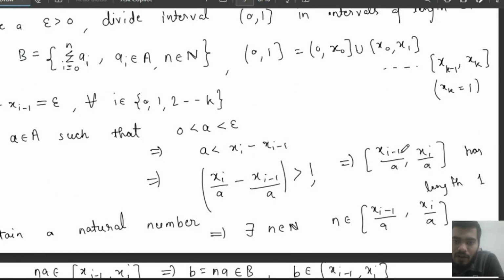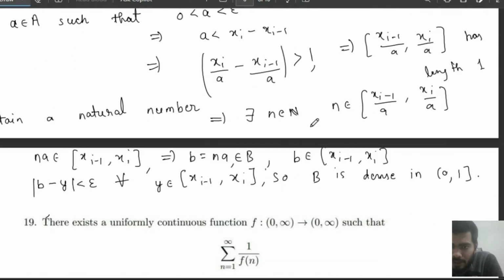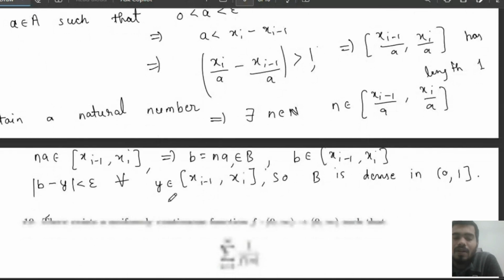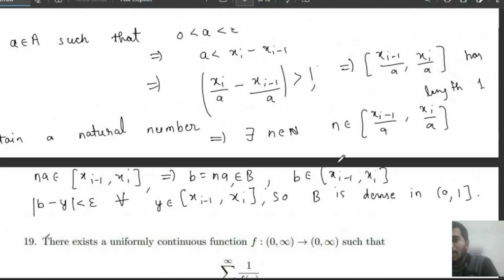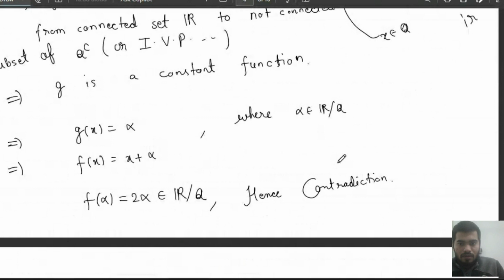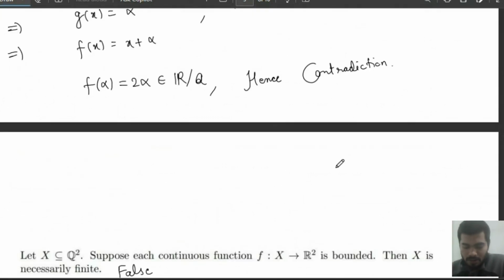Then for any randomly chosen ith interval, it will contain an element of B. Since that ith interval was chosen arbitrarily, and bi is an arbitrary element of it, and the difference of B and bi is less than epsilon, B is dense in 0, 1. Now let me explain the rest of the things in this space.